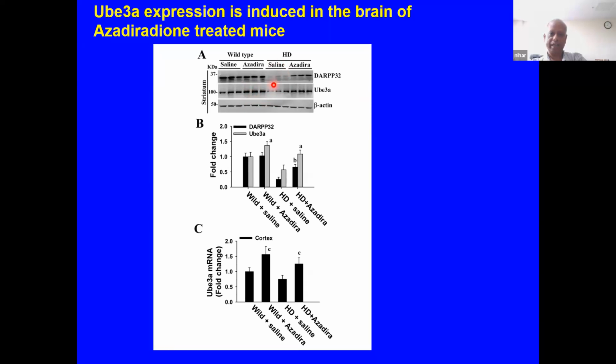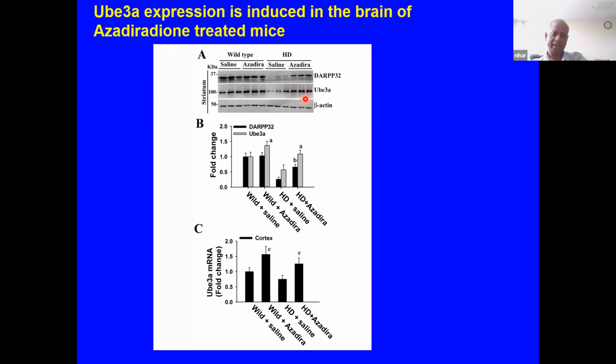And then if you look at Huntington disease mice, as I showed you earlier, the level of this ligase is dramatically reduced because of the recruitment or redistribution of this protein to the aggregates, right? But when you treat the Huntington disease mice with the drug, you can see partial rescue of this ligase, right?